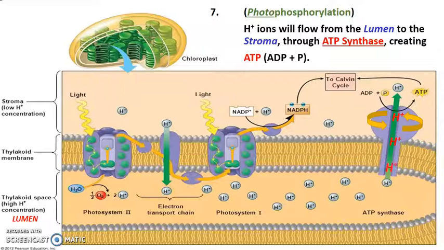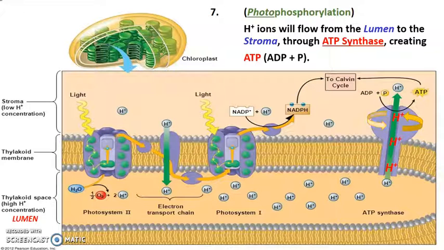That represents the large gradient that's inside the lumen. That's going to flow naturally from high to low through ATP synthase, back out to the stroma. And as it does, that provides the kinetic rotational energy, as we described earlier, to help spin ATP synthase.